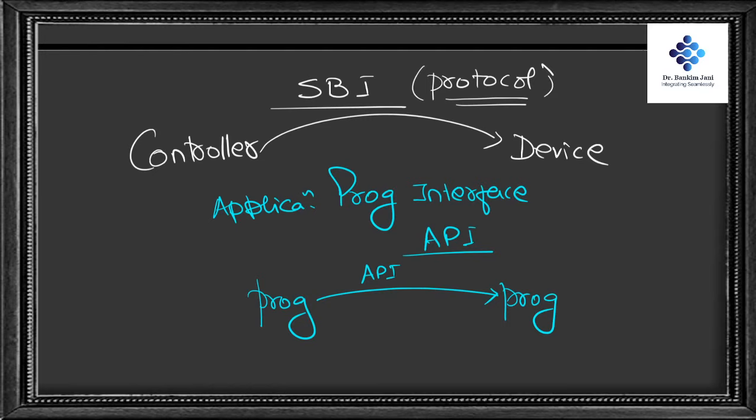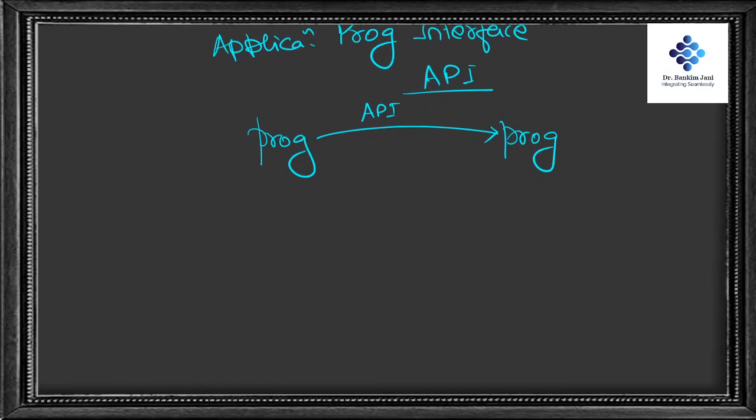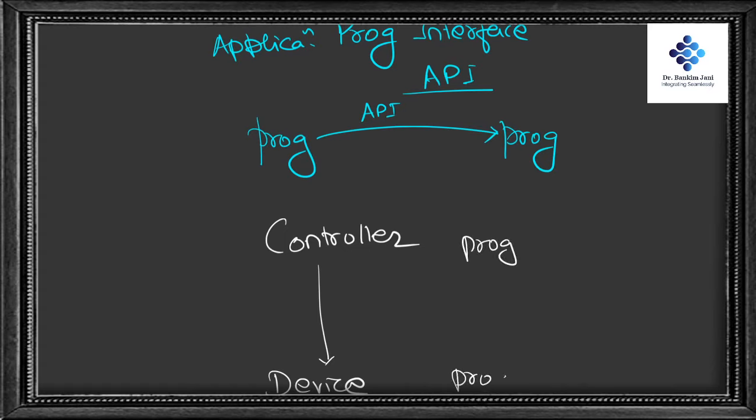Over here it is more or less the similar thing. If I say this is a controller, obviously the controller would be running some program. This is a device, so it is also running some program. They both are programs, and these two programs should talk with each other. So there is an API in between, which will help them communicate.